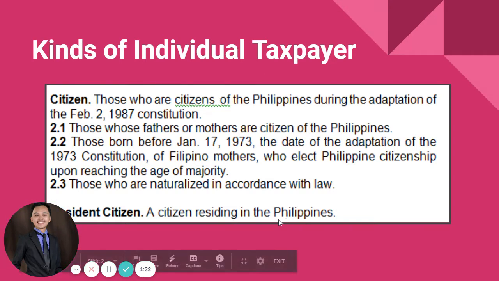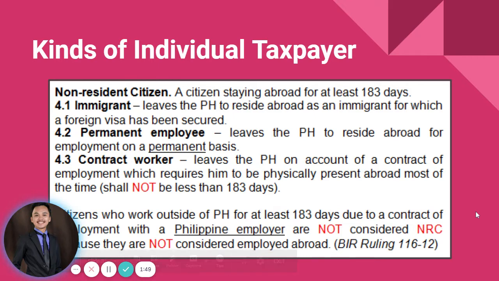First, we have resident citizen. When we talk about resident citizens, these are Filipino citizens residing in the Philippines. So, if you are a Filipino and you are living in the Philippines, then you are classified as a resident citizen. Another type of individual taxpayer is our non-resident citizen.